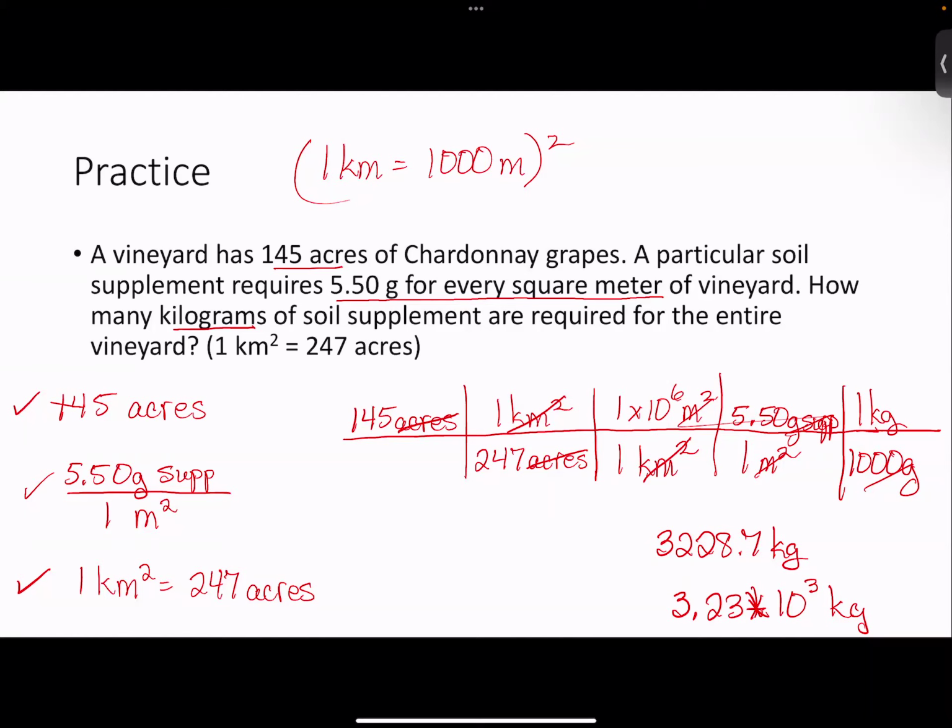Specifically, folks, I'll give you anything that's not in the tables. If it's in the tables, I won't give it to you. But I would give you things, especially where you have to go between different types of units, like the area that was given to you.